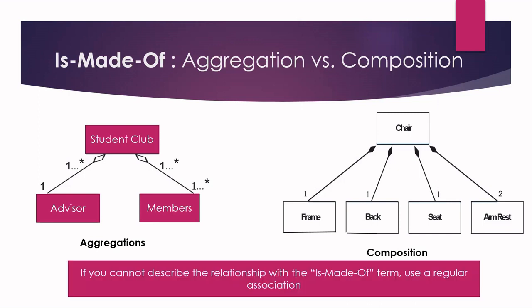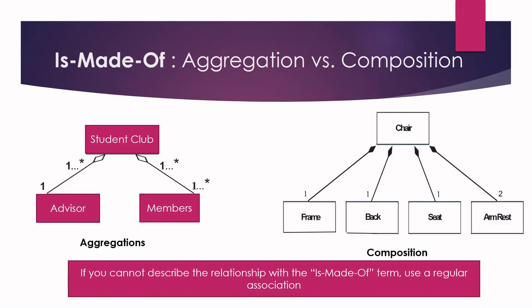Now, if you cannot describe the relationship with "is made of", then don't use aggregation or composition, just use a general association. I've seen that sometimes some people, just because there is an array of something else, describe it as an aggregation. But let's say a student may have an array of contacts.